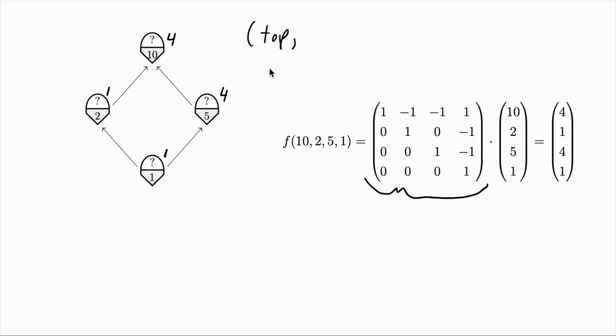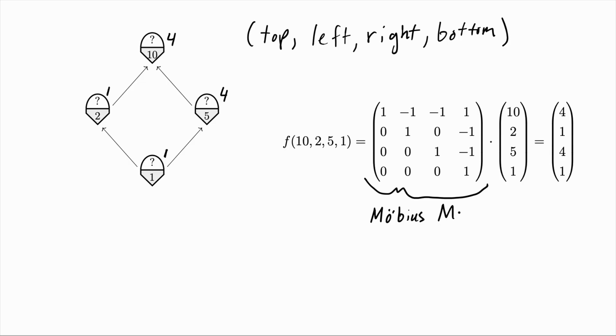The left node came second, then the right node came next, and then the bottom node came last. We could have ordered this differently, and we would have gotten a different matrix. So the Mobius matrix really depends on how we've ordered the vertices. But according to this ordering of vertices, we have the Mobius matrix for the Poset.